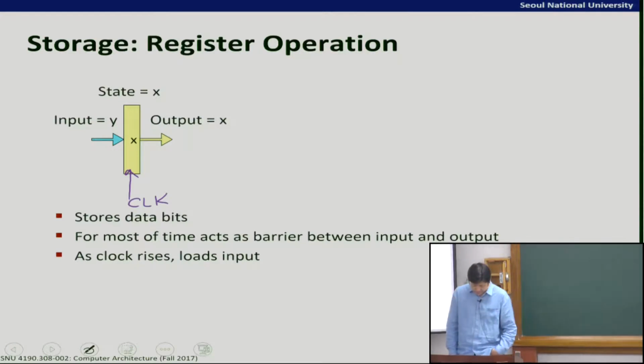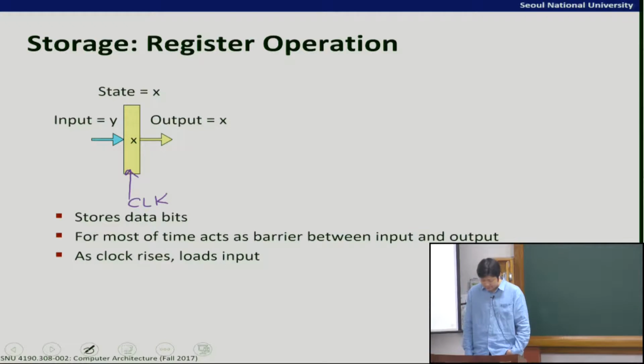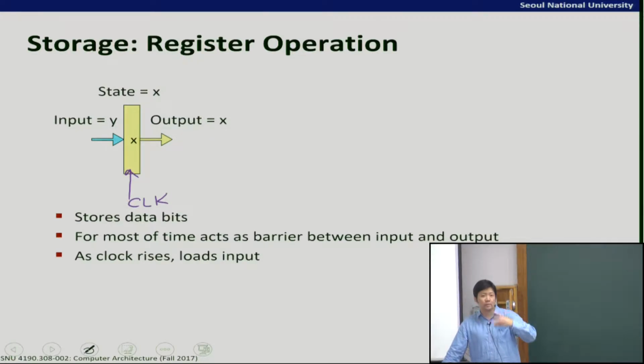It takes the clock signal and stores data bits. For most of the time, it works like a barrier between input and output, right? So even if the input changes, the output is not disturbed. The output just remains constant.